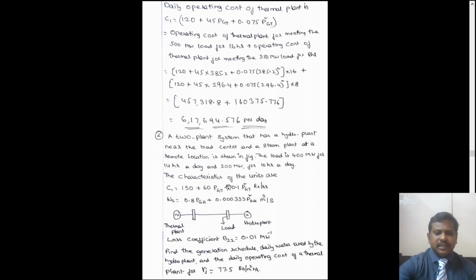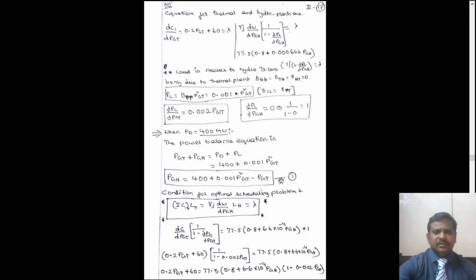This one is the second problem, in a similar fashion. By the coordination equation, dCt/dPgt into Lt is equal to gamma j dW/dPgh into Lh, that is the penalty factor, is equal to lambda. The basic equation is Pgt plus Pgh is equal to Pd, which is given as 400, and PL is this equation.